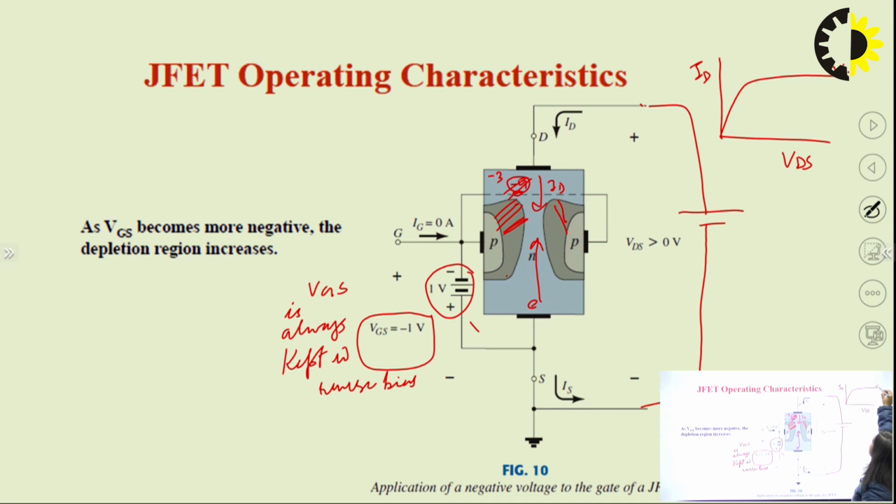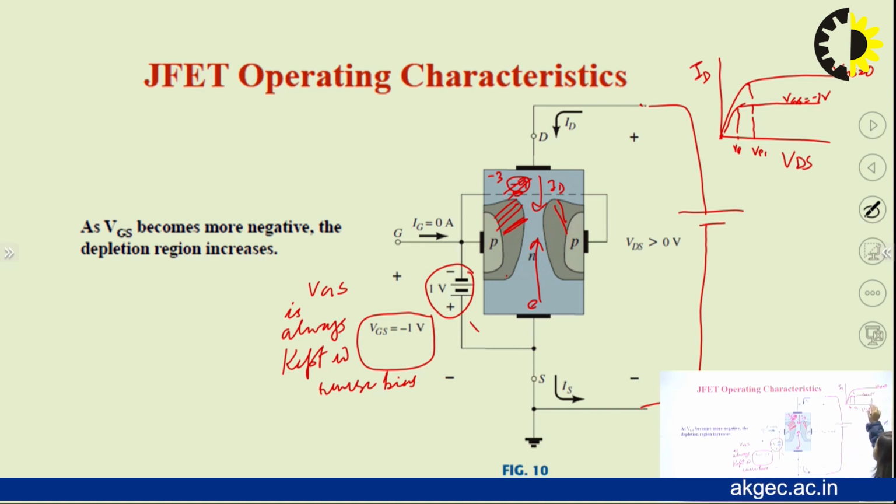This is the VGS 0. Now we have made VGS negative, this is VGS -1 volt. Here the pinch off region was this much, and here the pinch off region is this much.